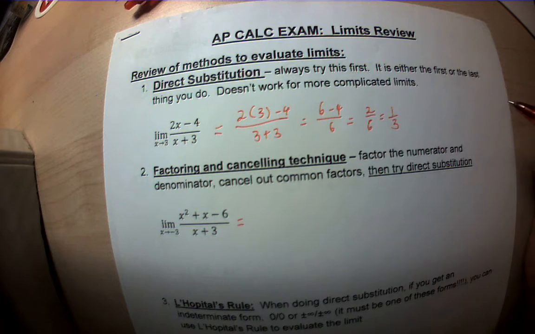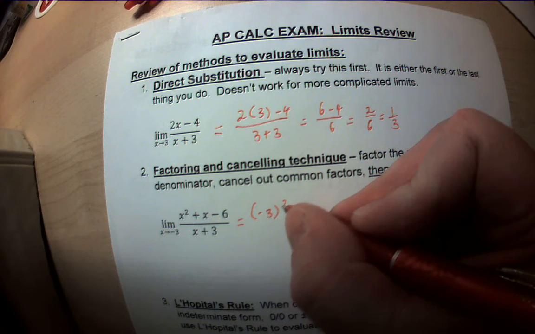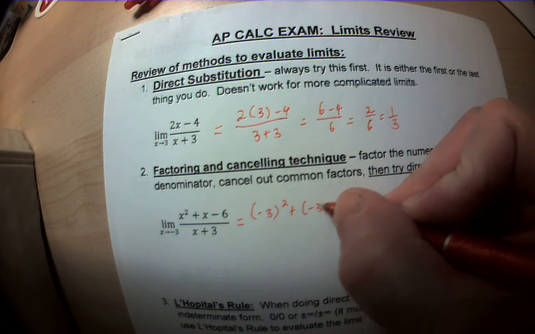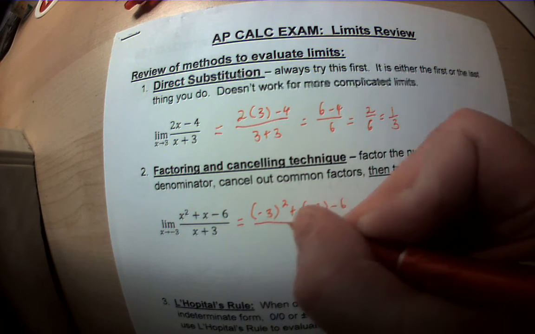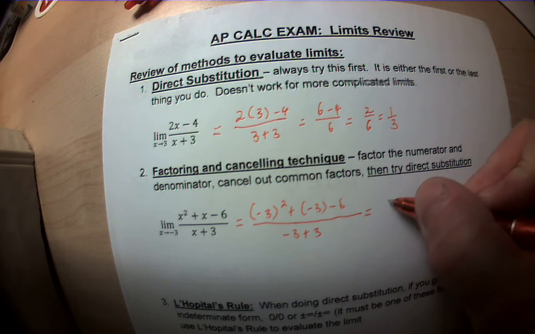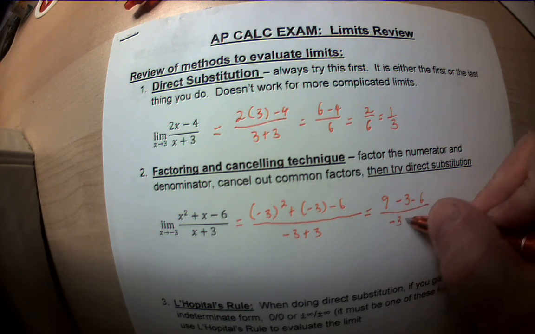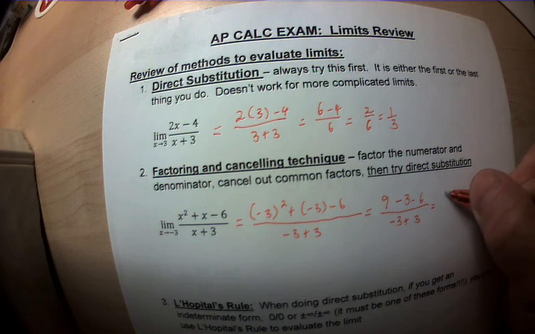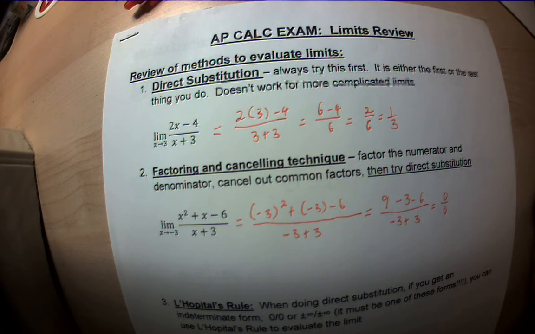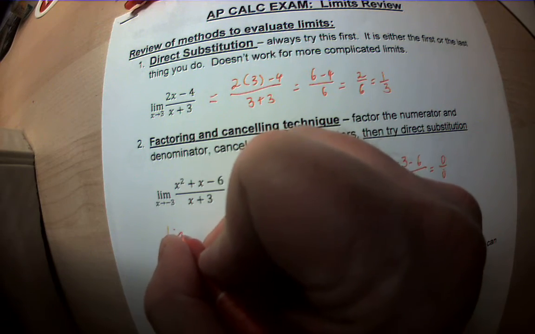In a case like this, if I put -3 in, -3 squared plus -3 minus 6 over -3 plus 3, that gives me 9. So see, guys, you always want to try direct substitution first, because if it works, you're done. This gets me 0 over 0. That's a problem. So what I'm going to do is I could factor this.